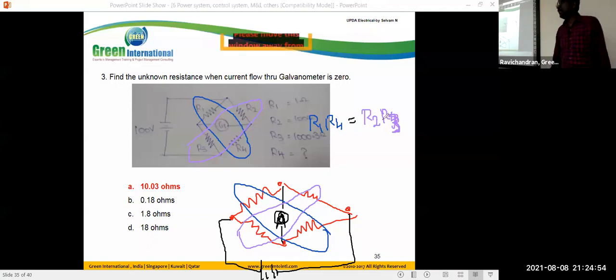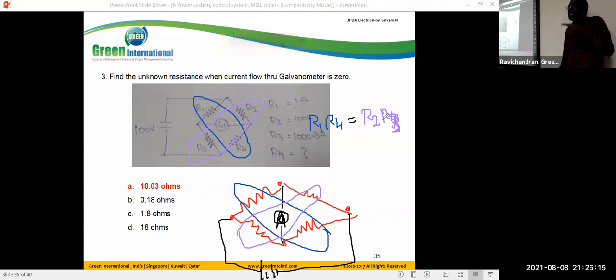Under this condition, the galvanometer or ammeter reads 0. 0 means there is no current. It's a balanced circuit.